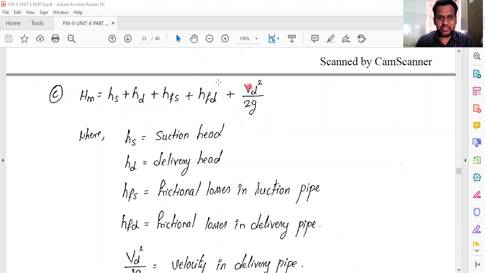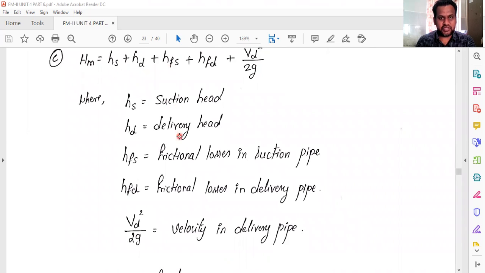If you consider all these things, whatever values there are, you add them, while losses will be negative. So you can see HS is suction head, delivery head, friction losses in the suction pipe, friction losses in the delivery pipe, velocity head.